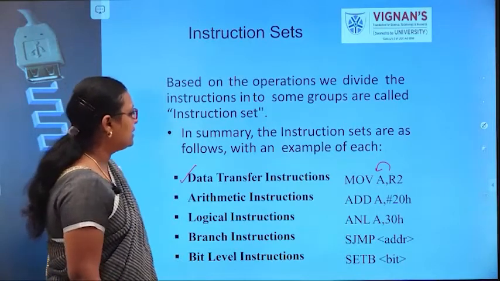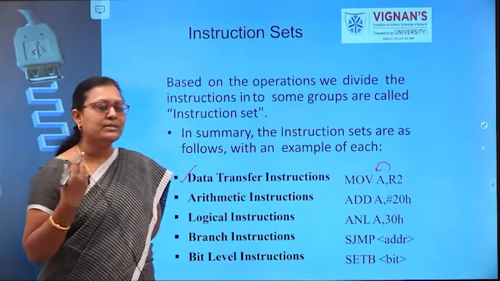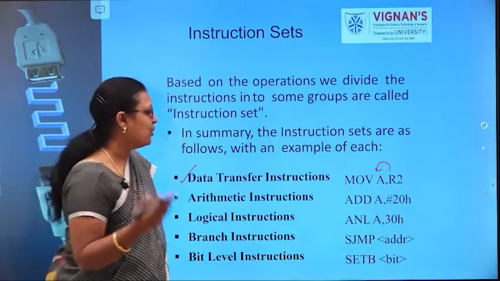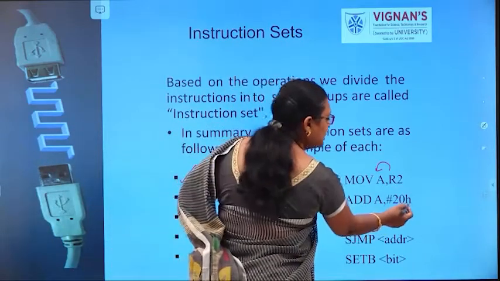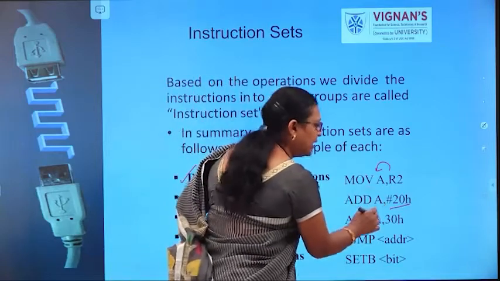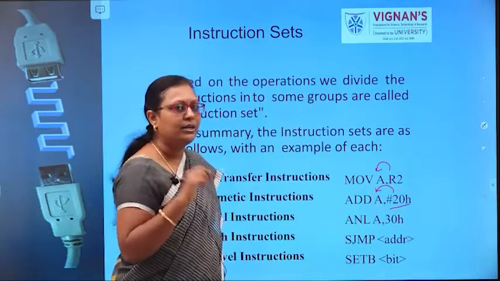And next, going to the arithmetic instructions, if you want to add any data, or if you want to multiply or divide, all these data will be taken from this. 20H is nothing but direct data. So that data has to be added with the contents of accumulator and it will be stored in accumulator.